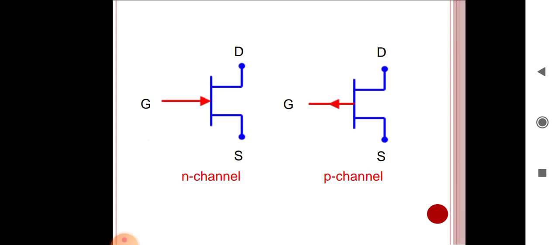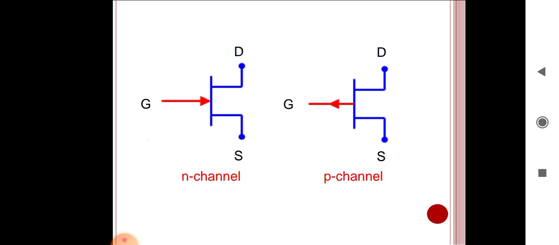These are the symbols of N channel and P channel JFET. You can see on the screen the arrow shown at the gate terminal.